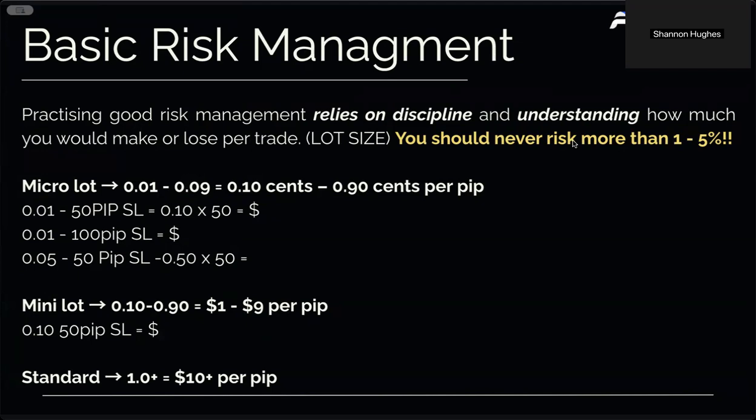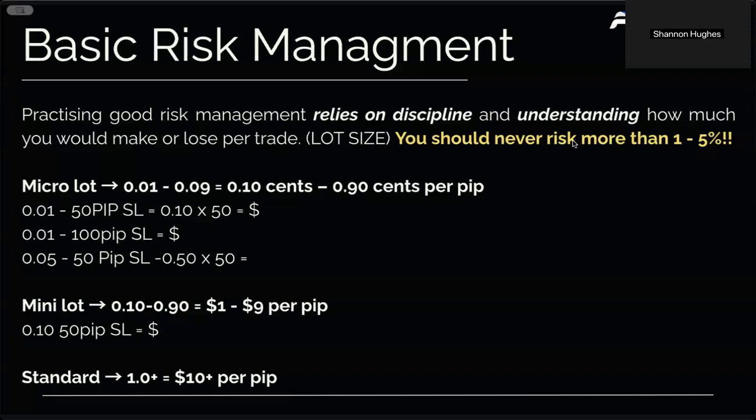But let's break it down, because when I first saw this, I thought, oh my God, I'm terrible at maths. But the more you look at it, the easier it's going to be. So a micro lot is 0.01. This is the smallest possible lot size you can take, and you would be risking 10 cents per pip of movement.